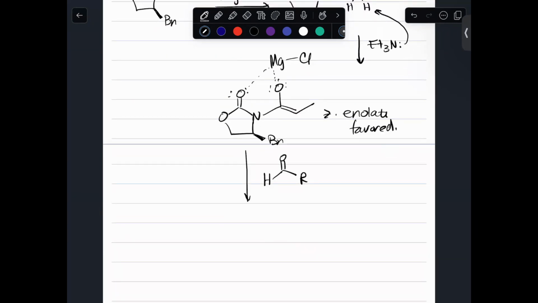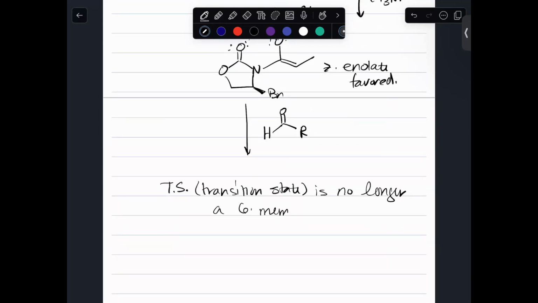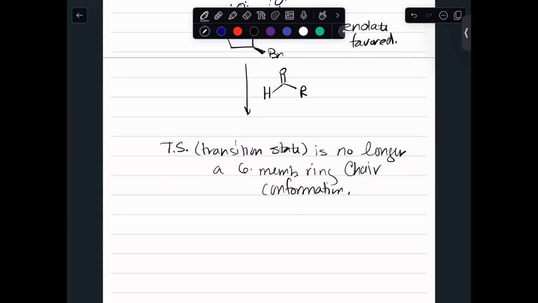The thing is your transition state is no longer a six-membered ring chair conformation. It is no longer known as the Zimmerman-Traxler transition state. Okay.